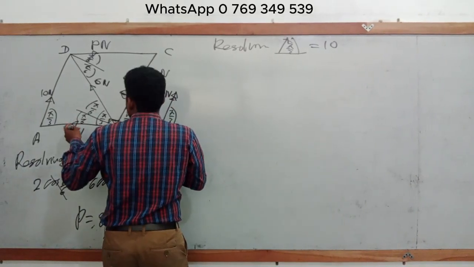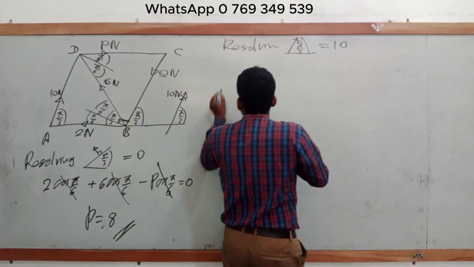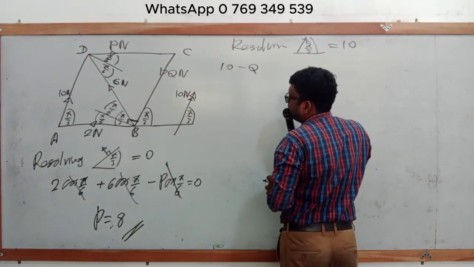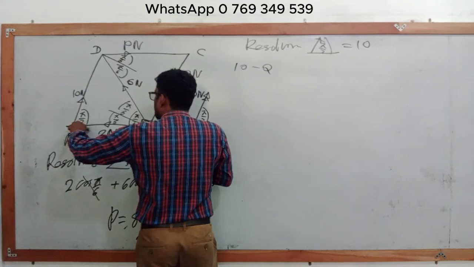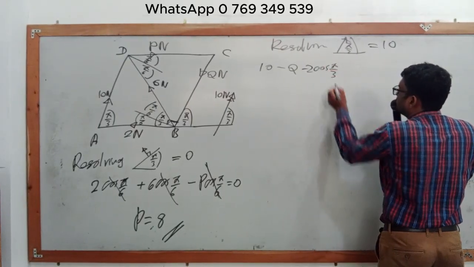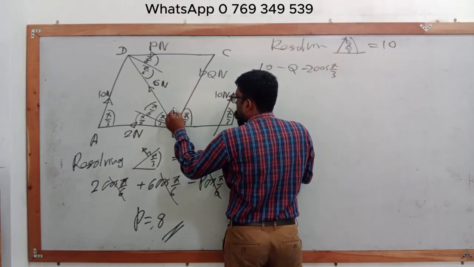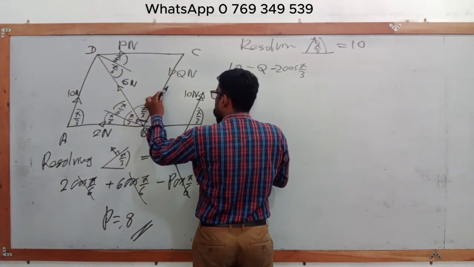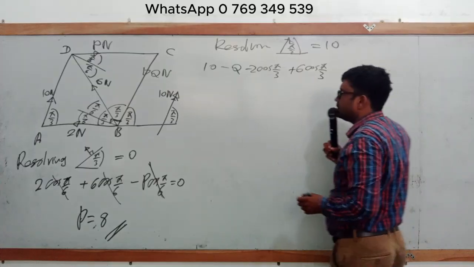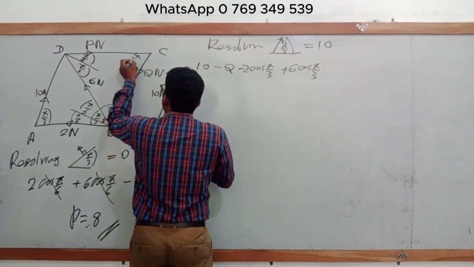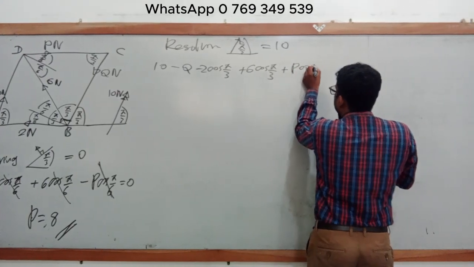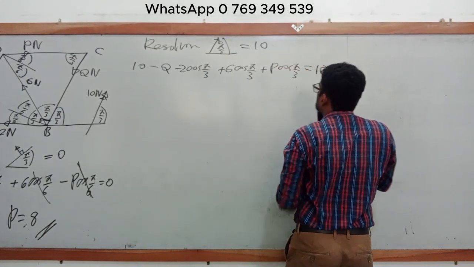Altogether: 10 minus q is minus, and here 2 Newton, 2 cos pi by 3 is minus, and 6 cos pi by 3 is positive, and again we have p cos pi by 3, that is positive, equal 10.